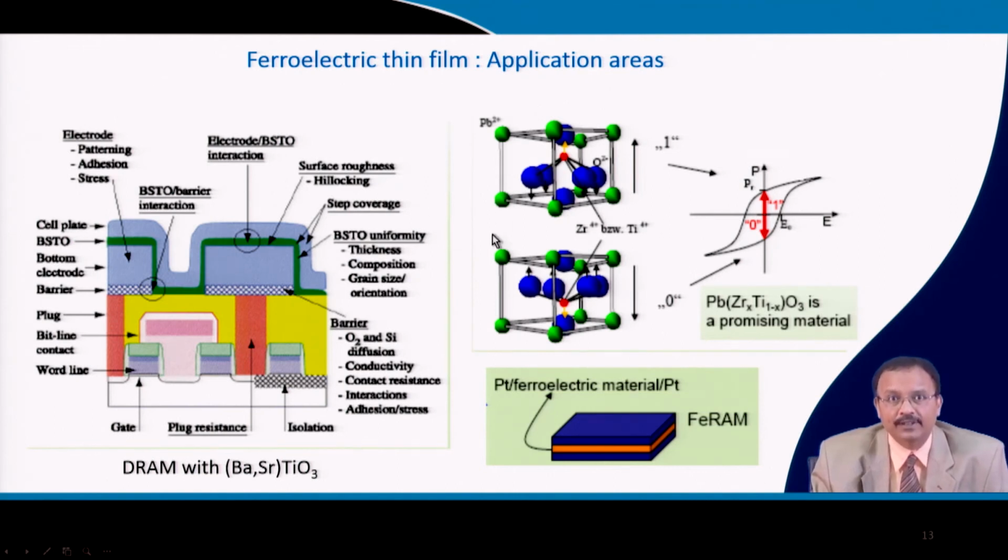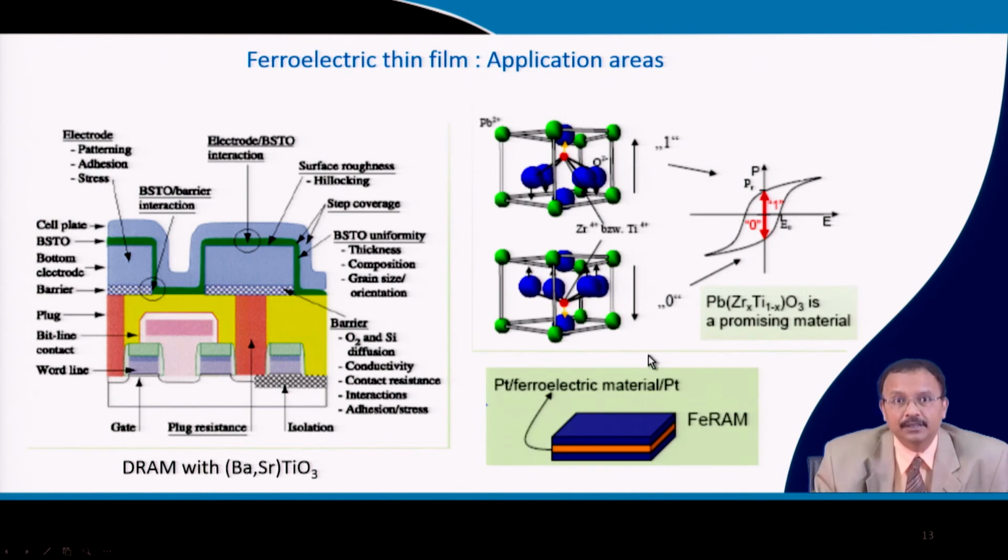Or you can have non-volatile memory in the form of piezoelectric as well as ferroelectric PZT, lead zirconate titanate, where in the hysteresis loop you can see two different polarizations, one is digital 0 and another one is digital 1. So, this binary memory can be made out of this type of perovskite material.